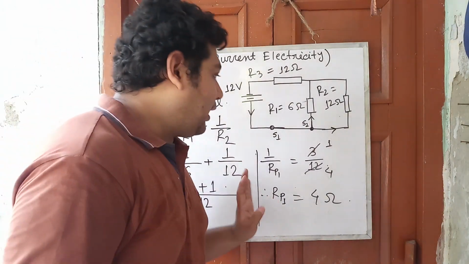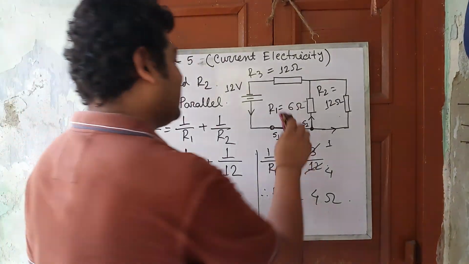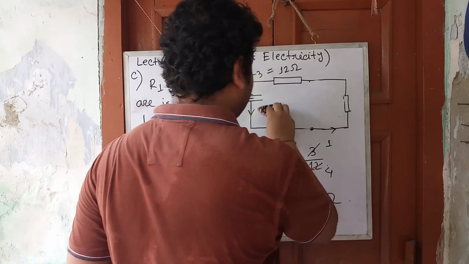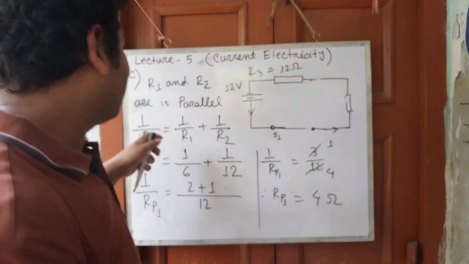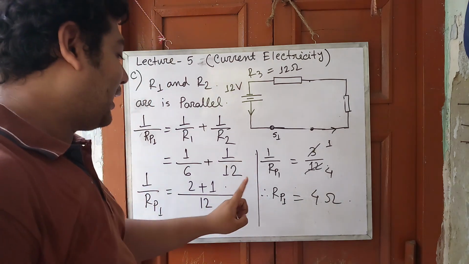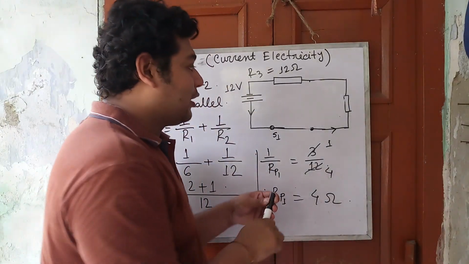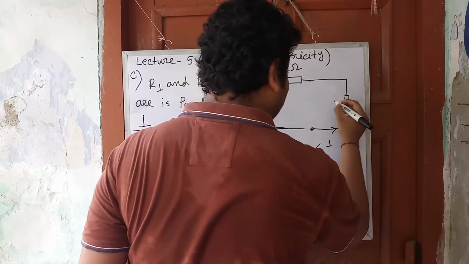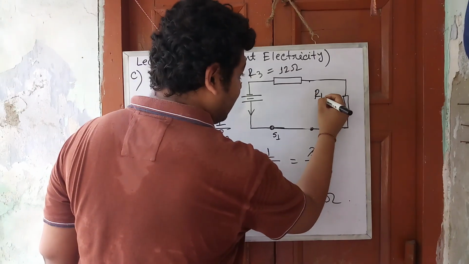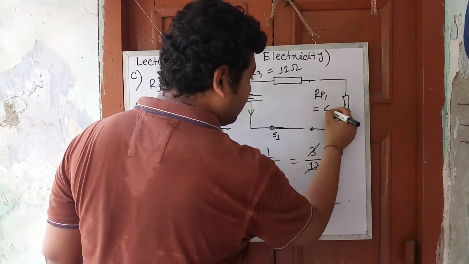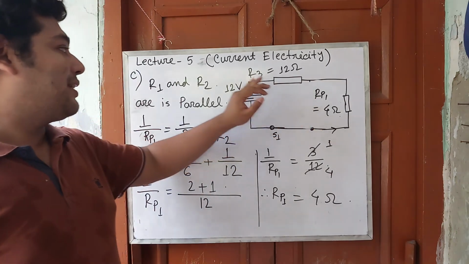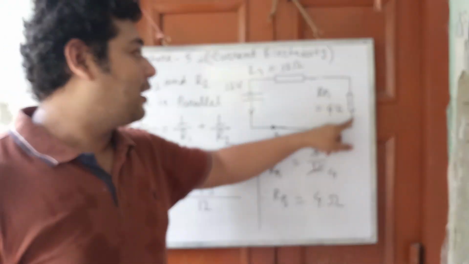Now we can modify this circuit. By the resistances R1 and R2 we get the first equivalent RP1, and we put RP1 equal to 4 ohm in our figure. Again we see that in RP1 and R3 the same current is passing.